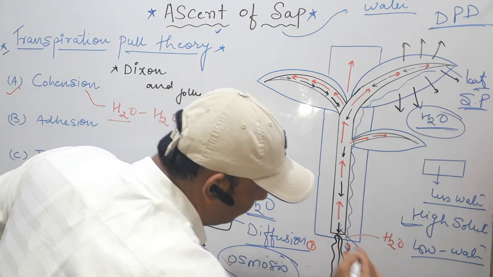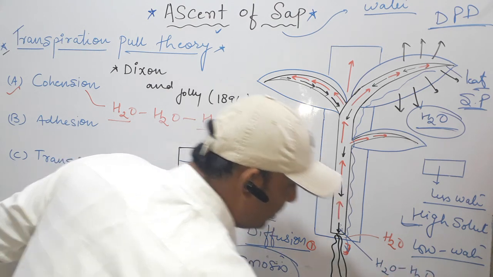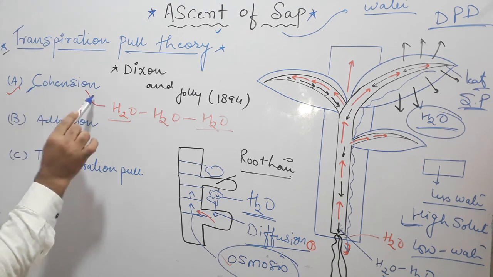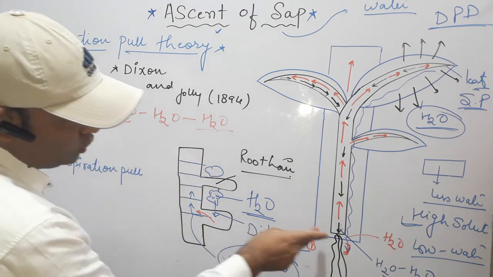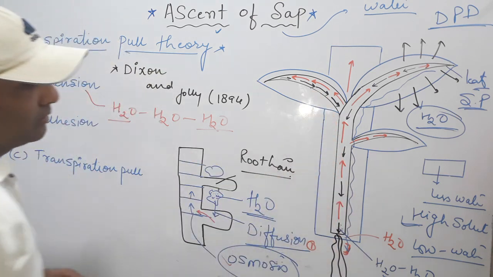The force is called cohesion force. Dixon and Joly proposed that the cohesion force joins the water molecules so that they easily travel without any breaking. So it is cohesion.